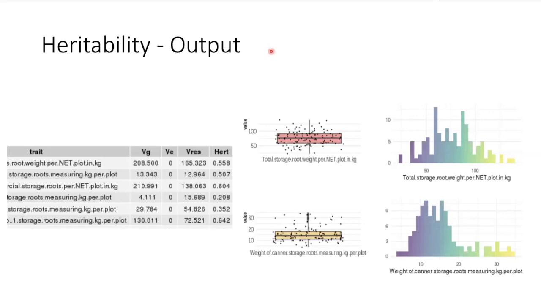If not, if you have only the germplasm name and replication, it takes only germplasm and replication as factors. So it depends on how you create your data set, which information is available in your data set, and the model will adjust exactly as your data set is.